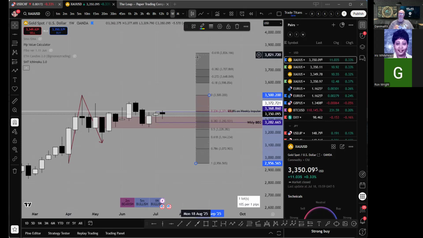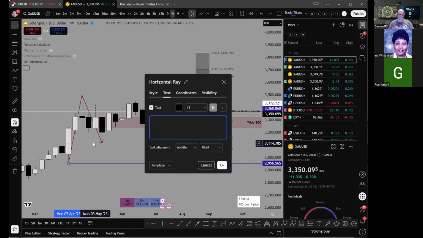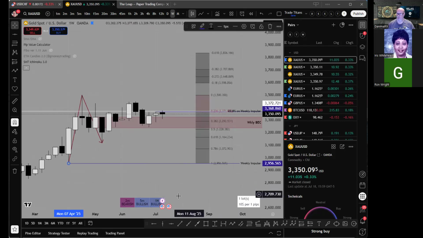I'm going to leave this as my weekly candlestick. Instead of the previous weekly high, I'm going to call this the weekly impulse, because that could change everything I'm looking at, you know?